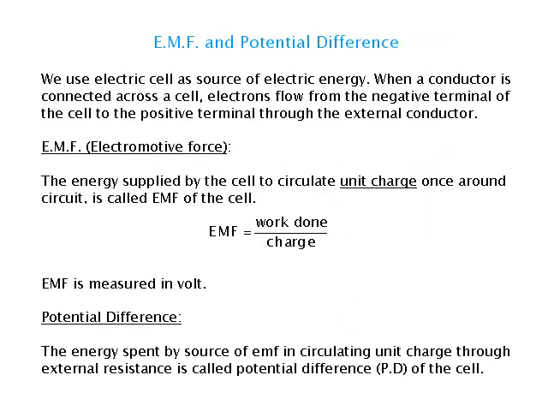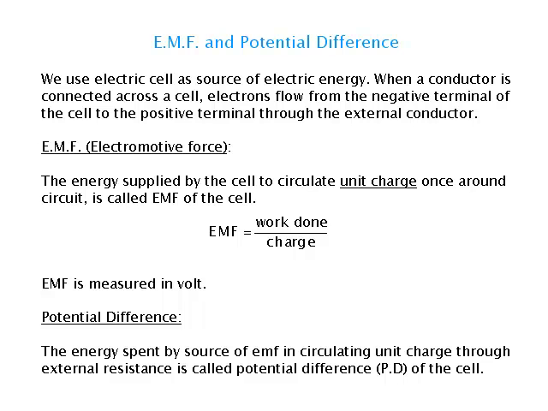EMF and potential difference. We use electric cell as source of electric energy. When a conductor is connected across a cell, electrons flow from the negative terminal of the cell to the positive terminal through the external conductor. EMF, electromotive force.